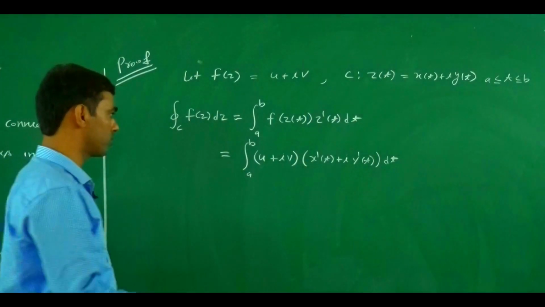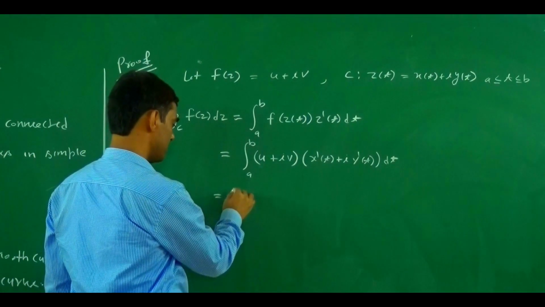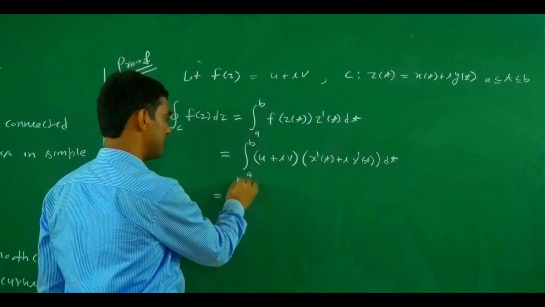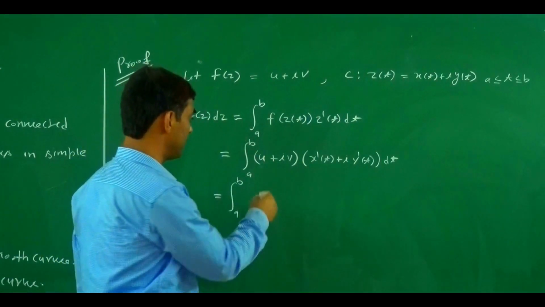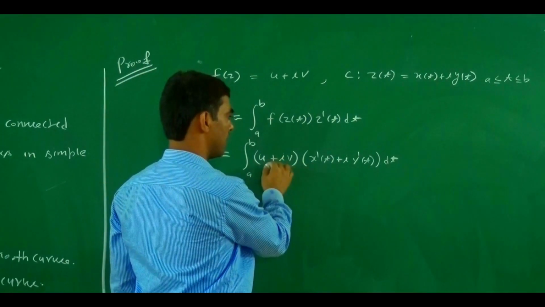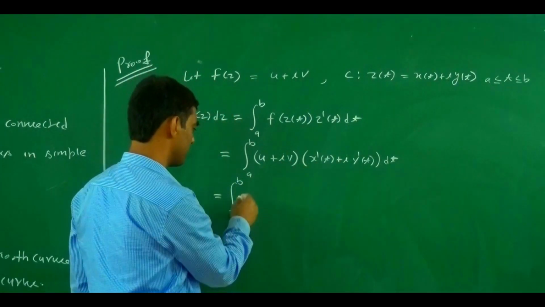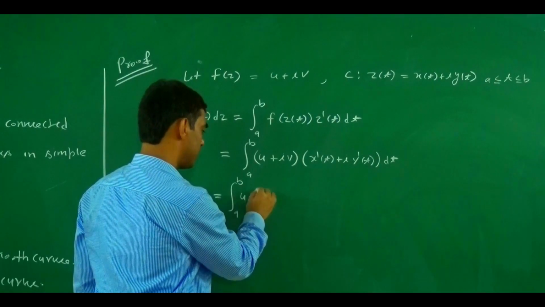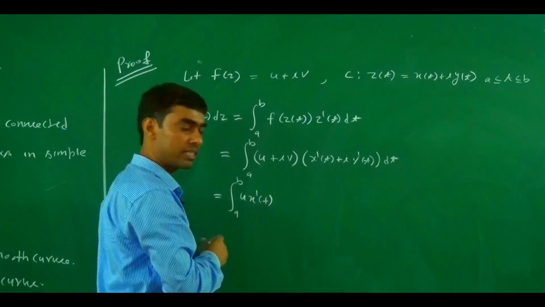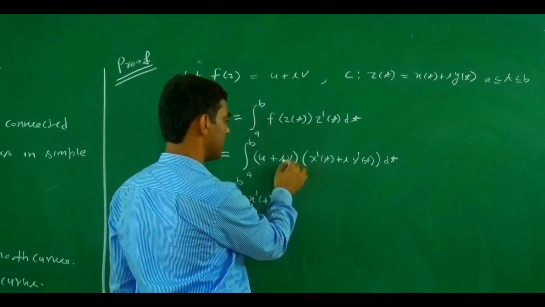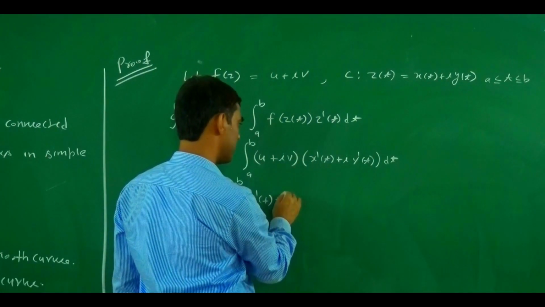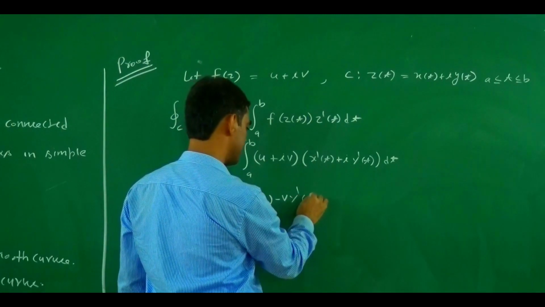So if we simplify this, it becomes the integral from a to b. If we multiply and write the real part, this becomes u x'(t) minus v y'(t).